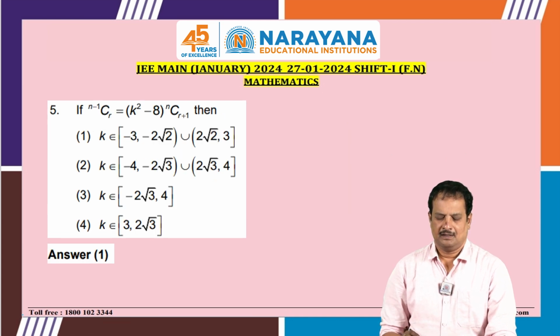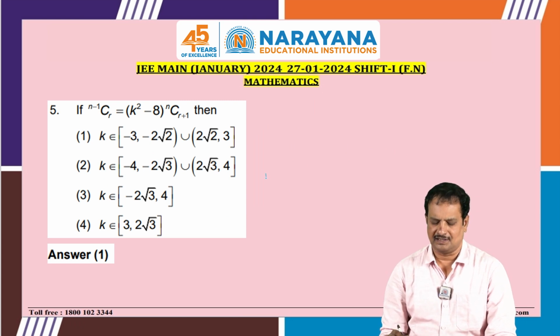This is n minus 1 CR equal to (k square minus 8) into NCR plus 1. Okay, so in this case, first let us take n minus 1 CR equal to (k square minus 8) into NCR plus 1.